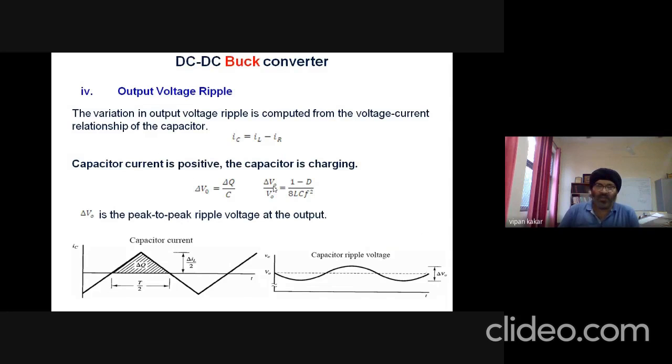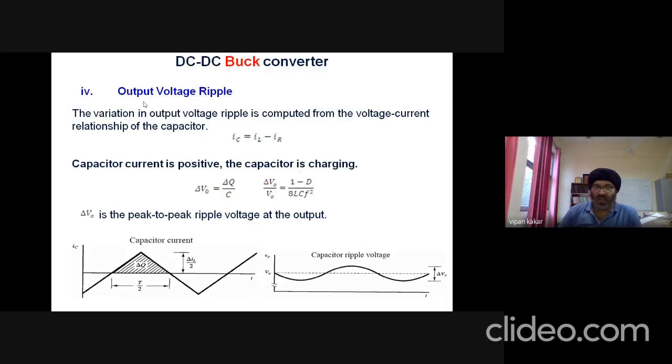Now, after we have found out the minimum and maximum value of current and the value of inductance required, how do we find out the voltage ripple? We know that the variation in output voltage ripple is actually calculated using the voltage current relationship in a capacitor, because ripples are actually associated with the capacitor at the output.